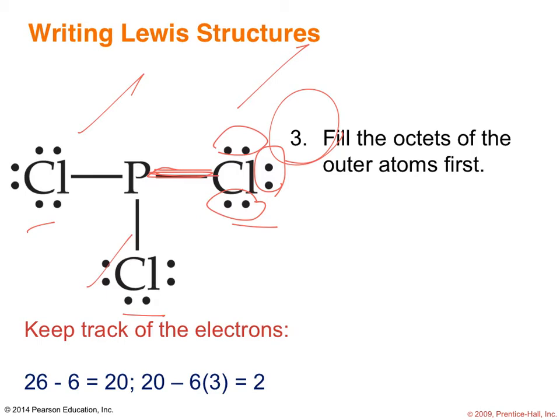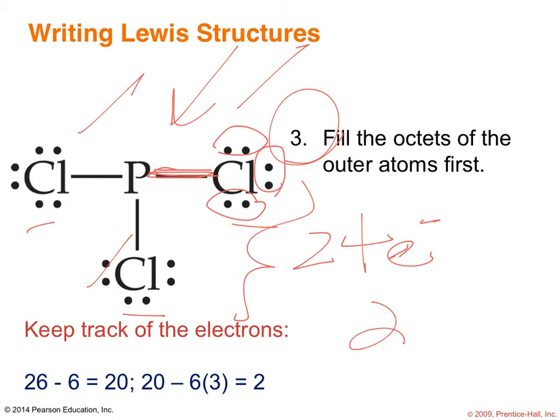Then know how to count how many electrons you've used so you know how many you have left to place. Count all the electrons you've used so far in this structure, and hopefully you come up with 24. You need to use 26 electrons, which means you have 2 more electrons to place.